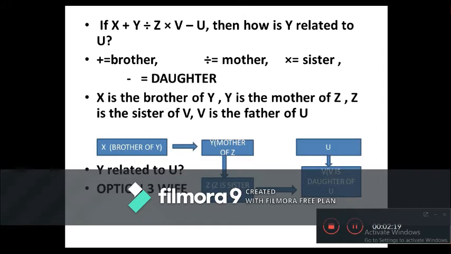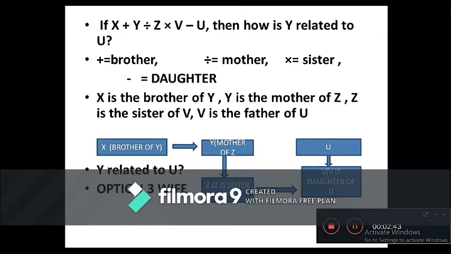In this question, the plus sign indicates brother, the divided sign indicates mother, the multiplication sign indicates sister, and the minus sign indicates daughter. After analyzing this, x plus y means x is the brother of y.